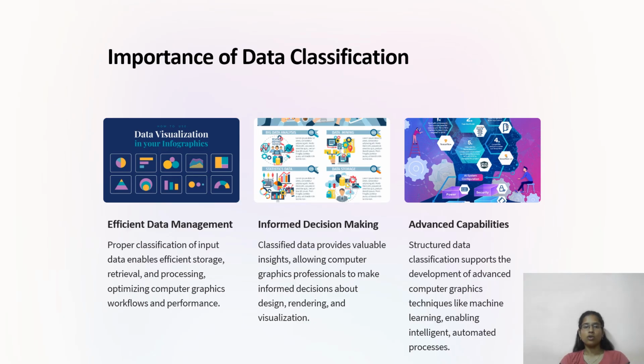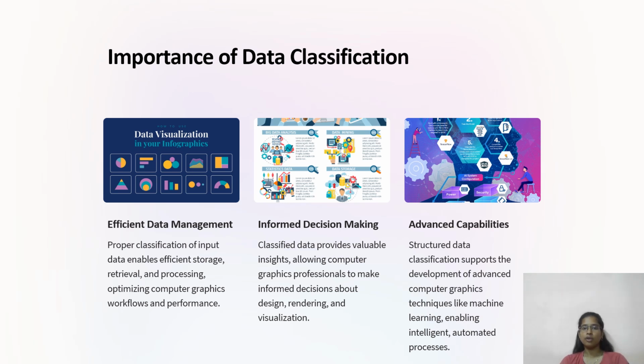Now we'll see the importance of data classification. It includes efficient data management, informed decision making, and advanced capabilities. Efficient data management: proper classification of input data enables efficient storage, retrieval, and processing, optimizing computer graphics workflows and performance.